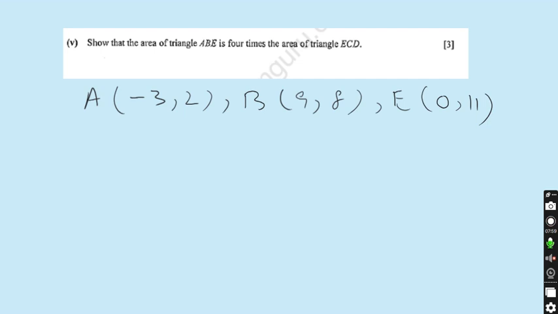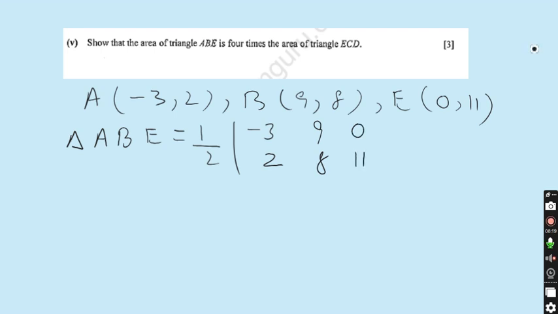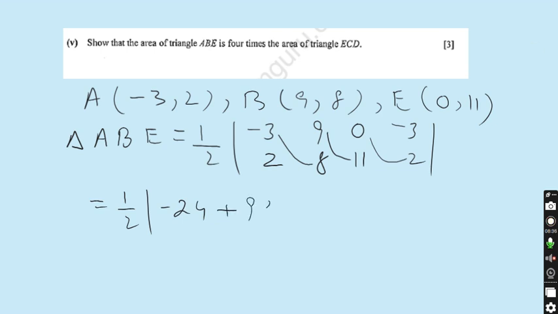Now find the area of triangle ABE. We will use the general formula for the area of a triangle: x1, y1, x2, y2, x3, y3, and back to x1, y1. -3, 8, 9, 11, 0, 2. -3 times 8 is -24, 9 times 11 is 99, and 0 times 2 is 0.